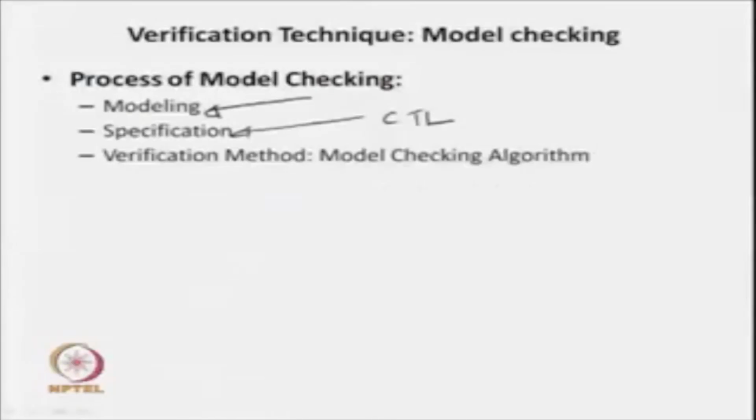So when we have a bigger system and a complex specification, how do we check the correctness of the specification in a model? For that we need an algorithm, a mechanized method, and today we are going to see the algorithms for the model checking method. So, we are going to talk about the model checking algorithm today.